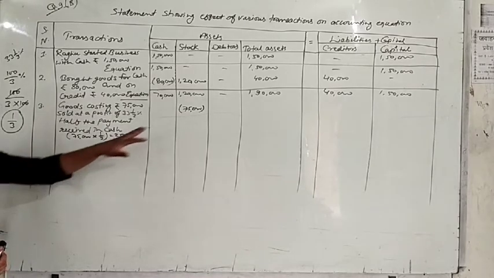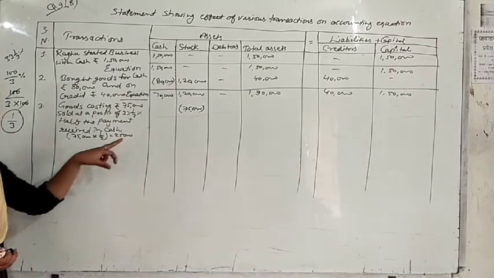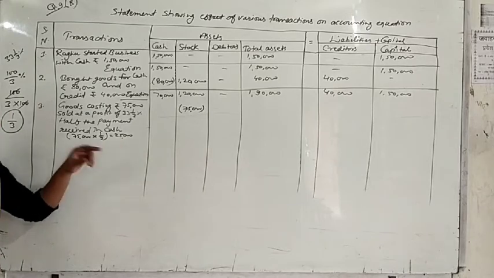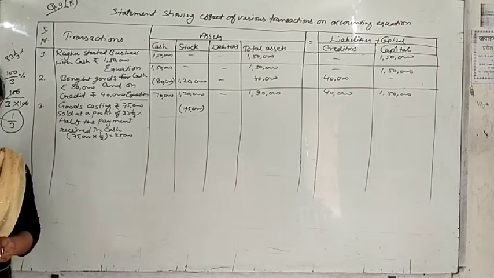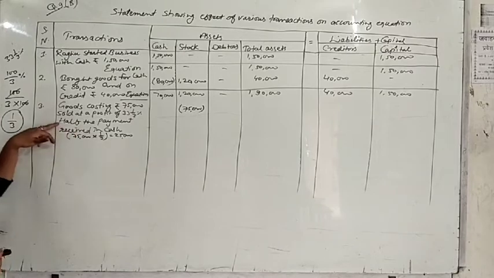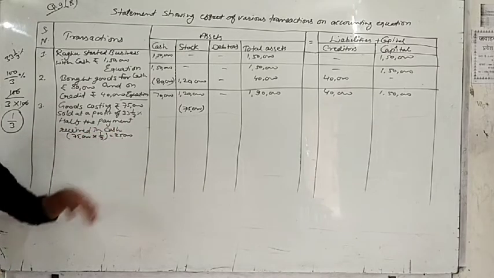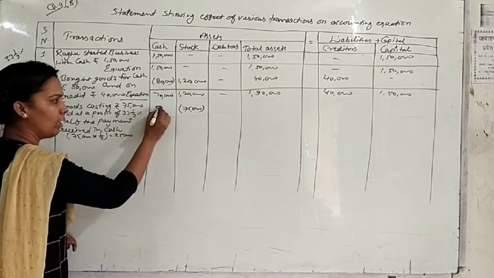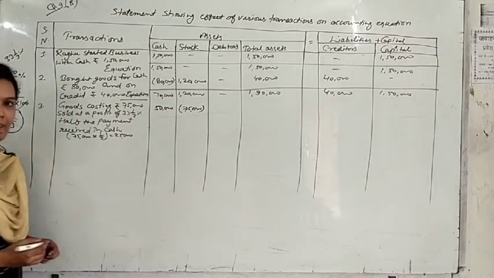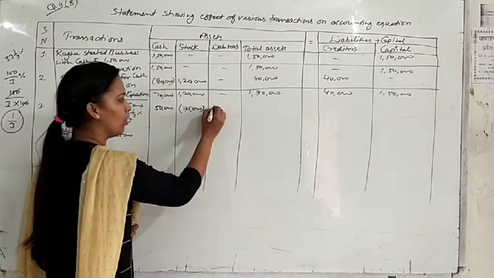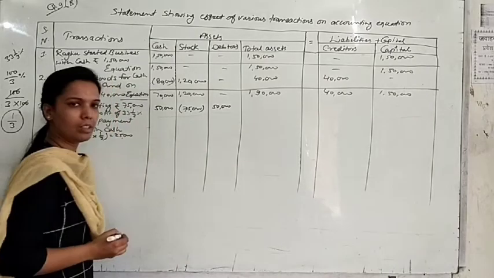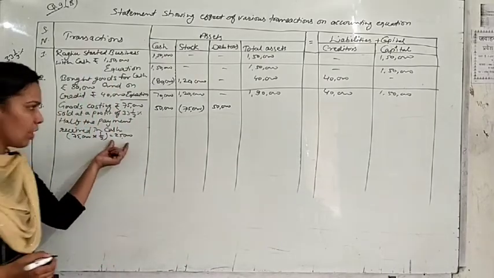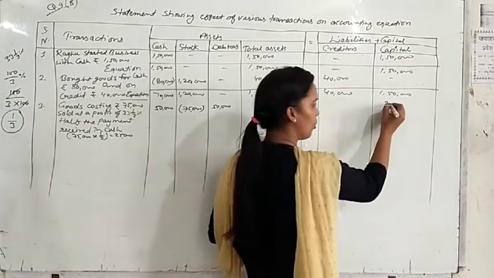25,000 profit means 75,000 was the costing and 25,000 is the profit. It means you are selling goods for 1 lakh rupees, and out of 1 lakh, half the payment is received in cash. You received only 50,000, and the remaining 50,000 will be your debtor. The 25,000 profit will increase your capital.